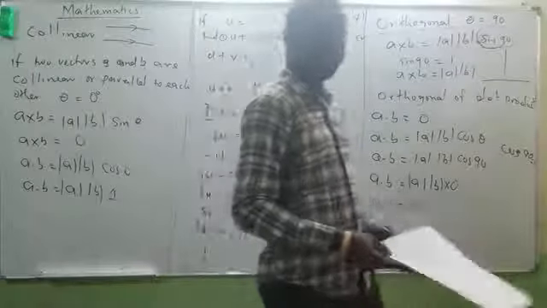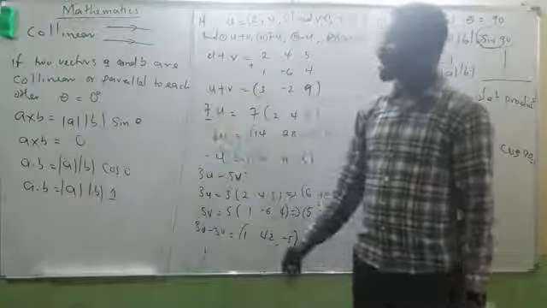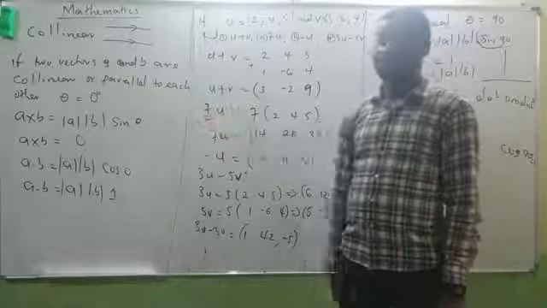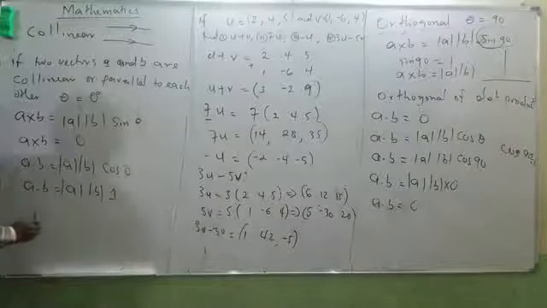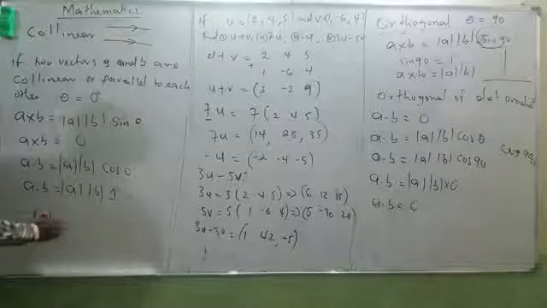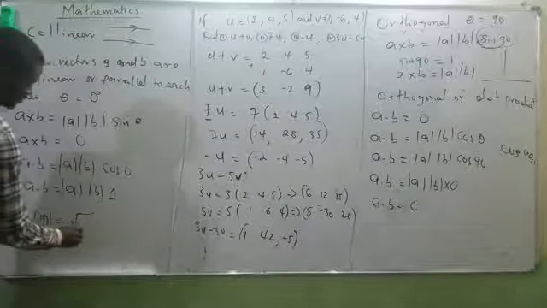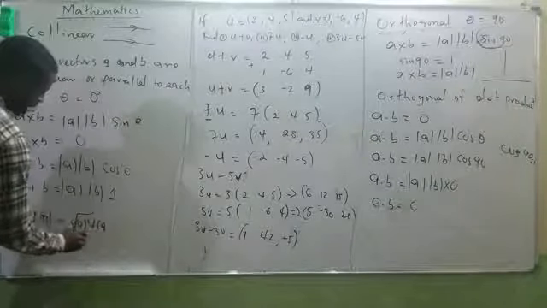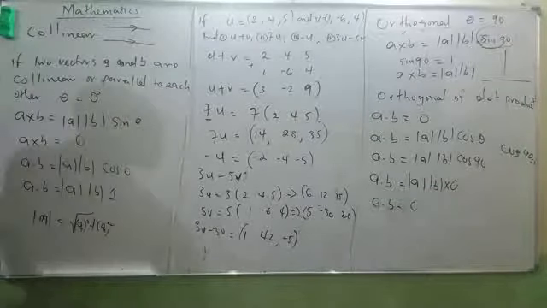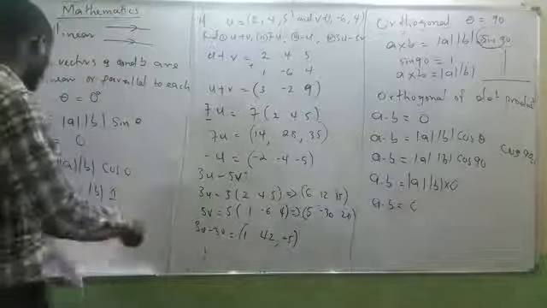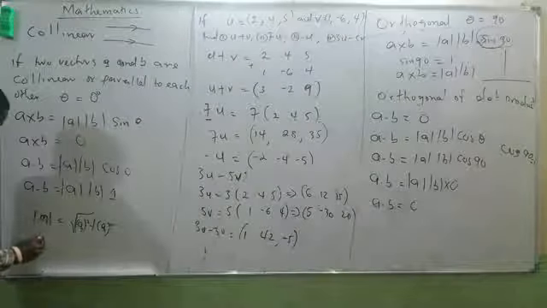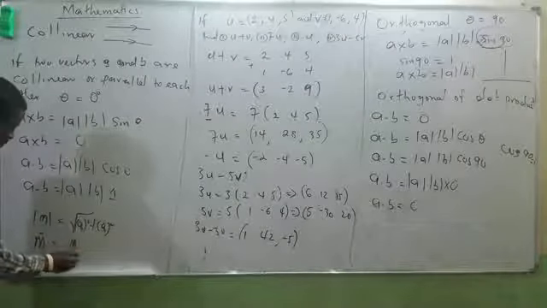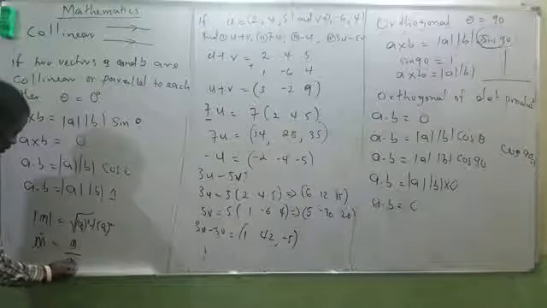We have talked about a lot of things: addition, and the magnitude of a vector. Let me repeat. The magnitude of a vector is the square root of the sum of the squares of the scalar components. And also we talked about the unit vector: the unit vector is equal to the vector divided by the magnitude of the vector.